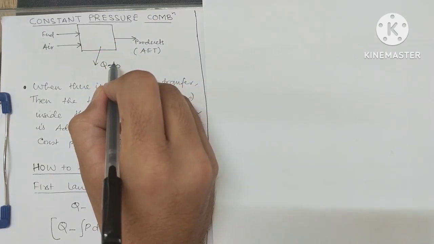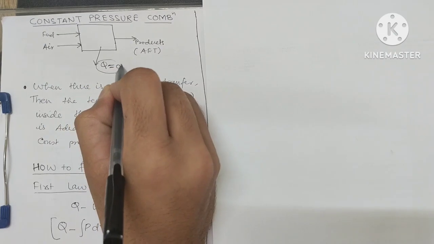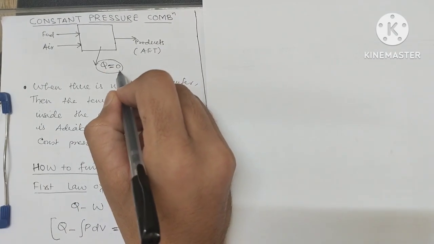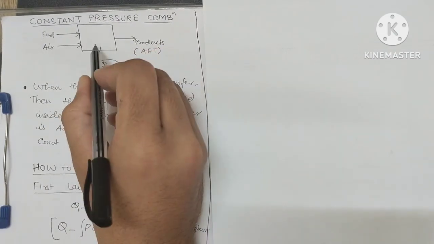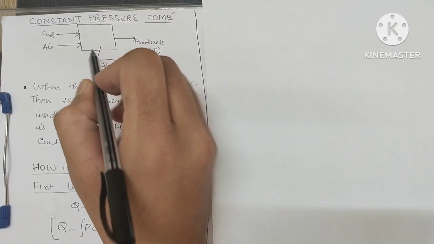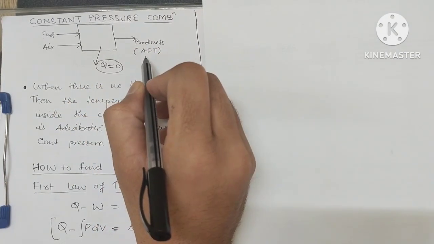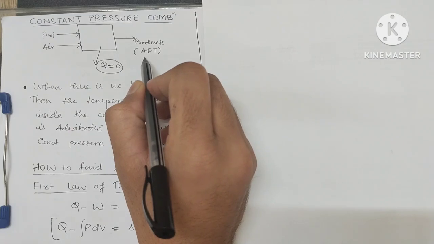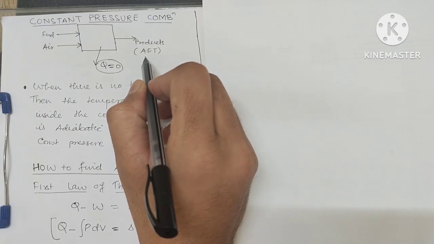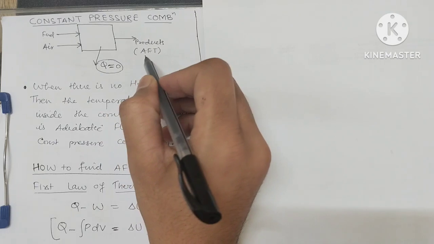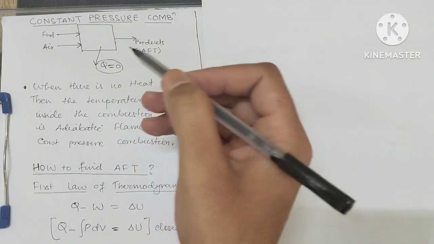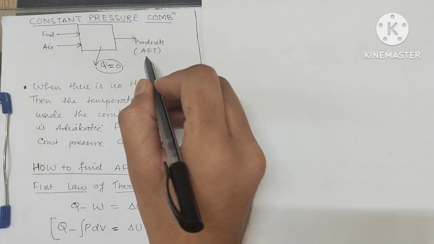It means that the heat transfer is zero. So in this case, the whole heating value of the fuel is being converted into the flame, and the temperature of that flame will be called the adiabatic flame temperature. So this is how we call it an adiabatic flame temperature.